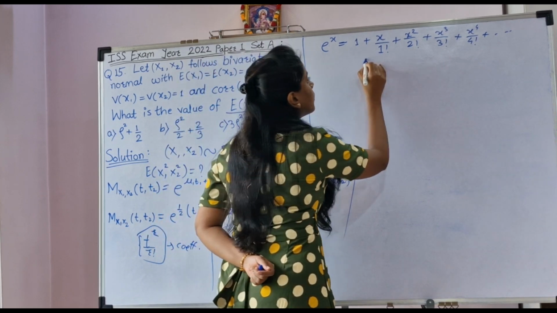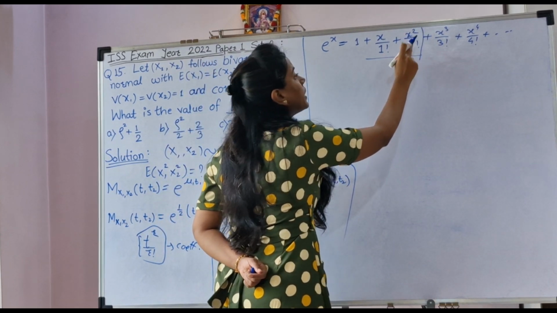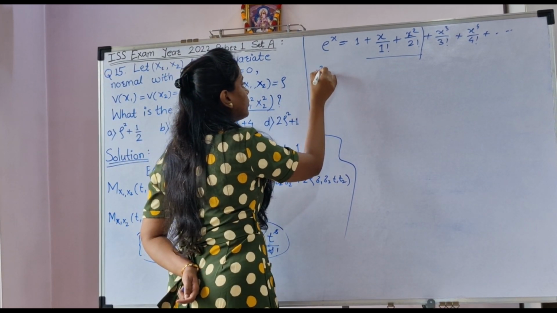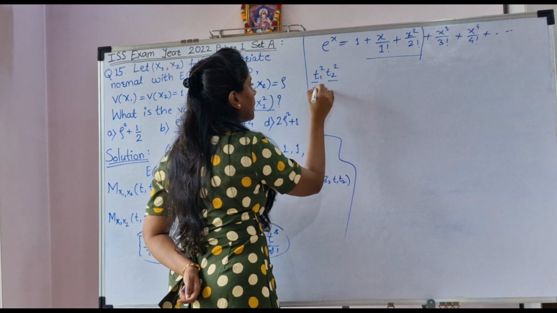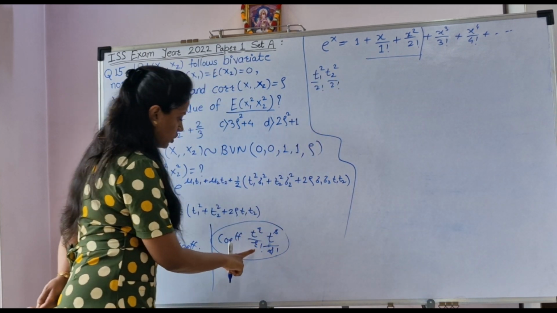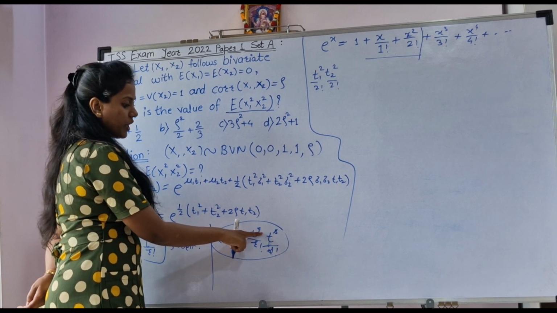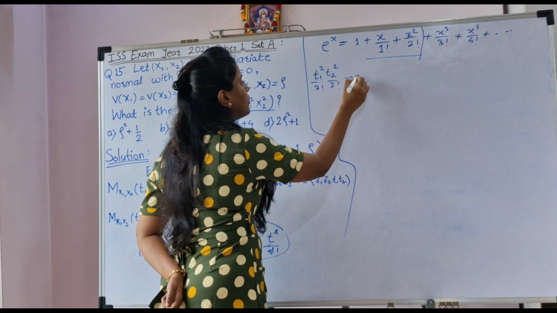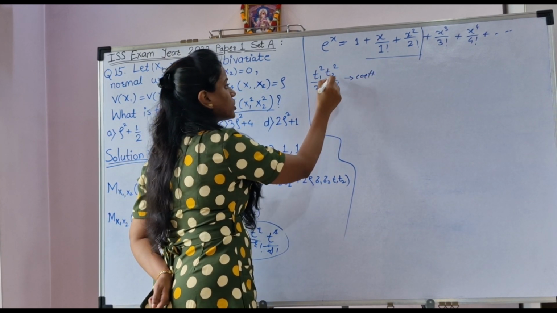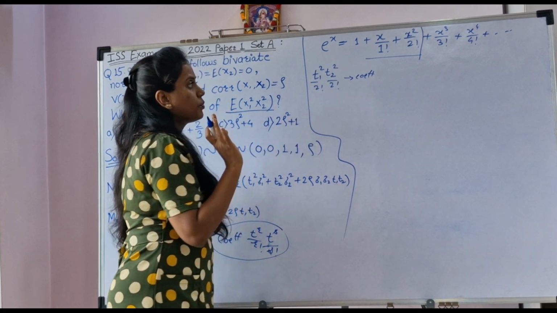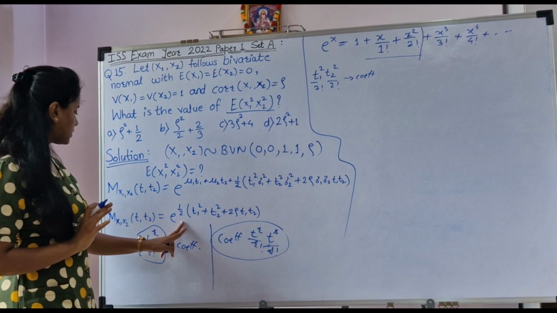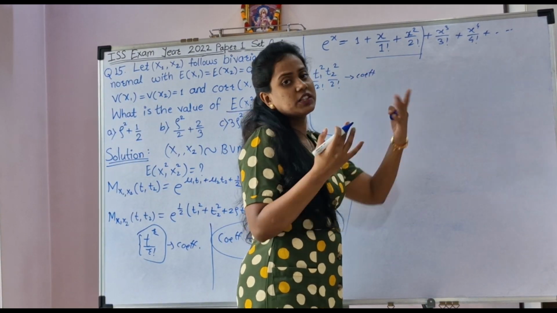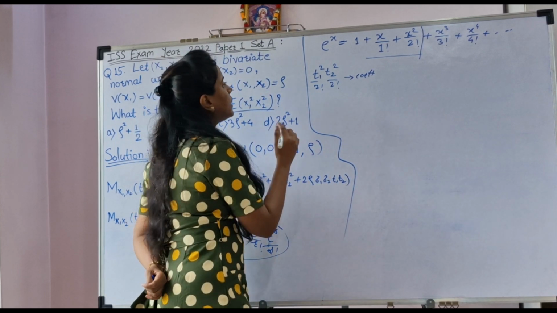That means we will expand up to x square by 2 factorial to get t1 square t2 square, because the value of r and s is 2. So we will find the coefficient of t1 square upon 2 factorial, t2 square upon 2 factorial. For that we will expand our MGF till this term. Further we will not derive it as we don't need those terms.